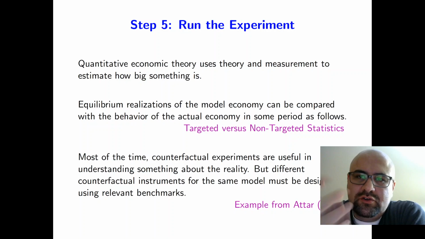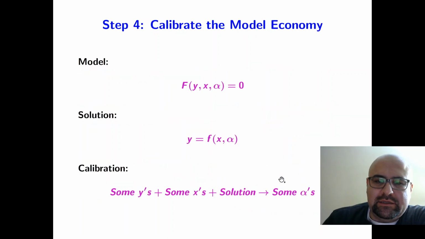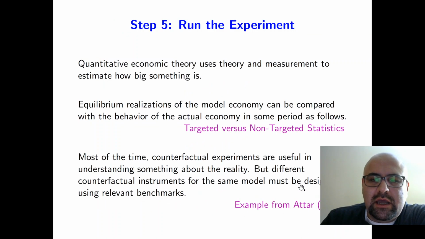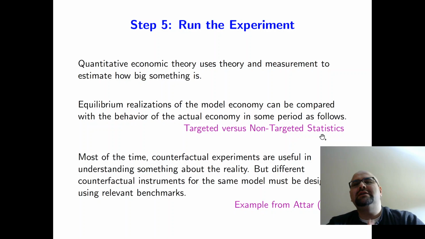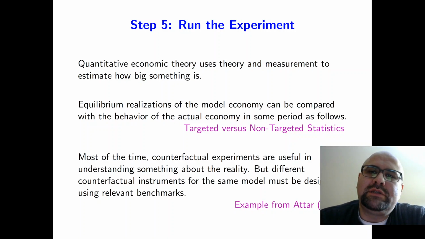We are going to use those moments to find the calibration, because we want to use them to calibrate the alphas. And then we must reserve some of the non-targeted statistics to understand whether the model is truly representing reality.